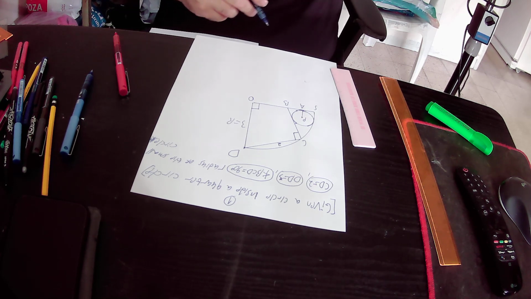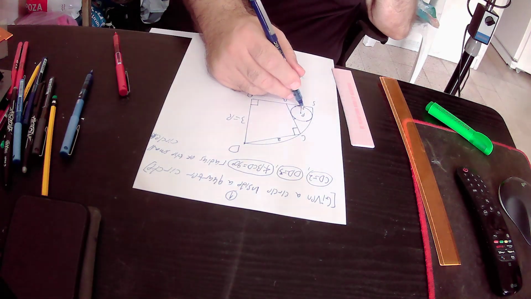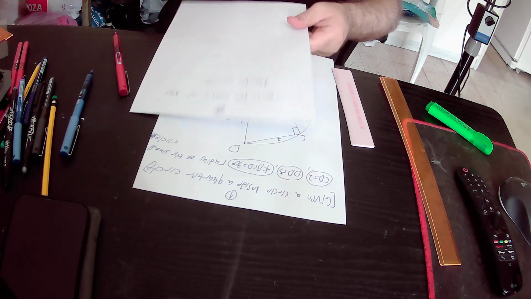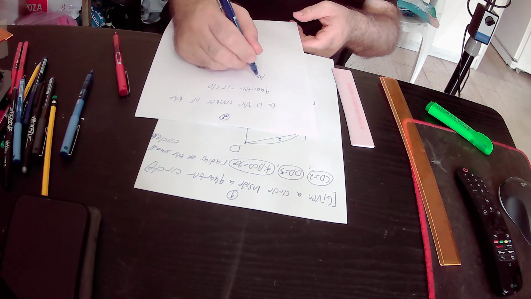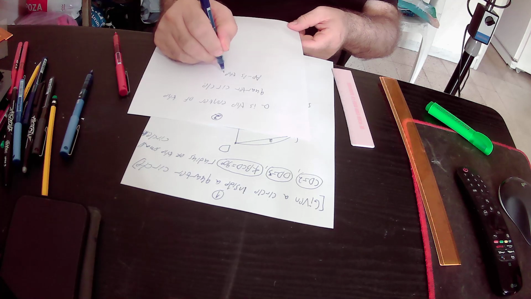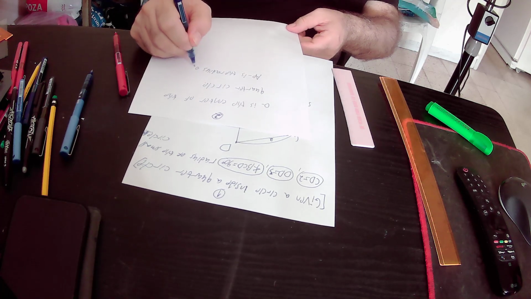I will define it as small r, and I write it down that AP is the radius of the small circle.